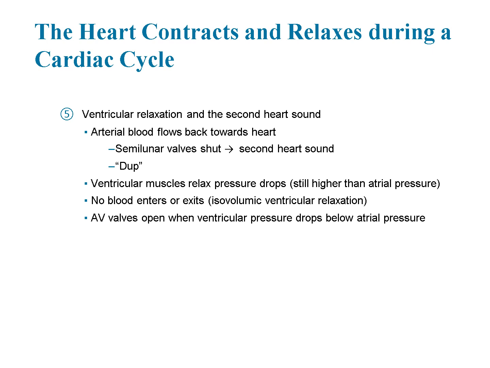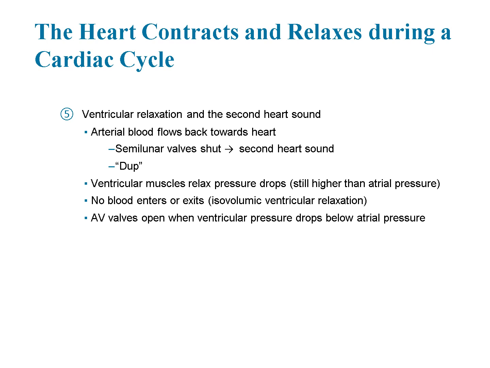With the semilunar valves closed, the ventricular muscles relax, and ventricular pressure begins to drop. However, during this phase, ventricular pressure still remains slightly higher than atrial pressure. This period is known as isovolumic ventricular relaxation, where no blood enters or exits the ventricles.